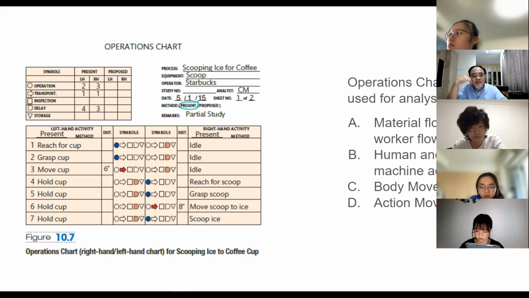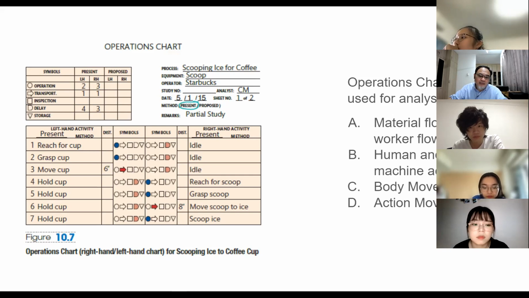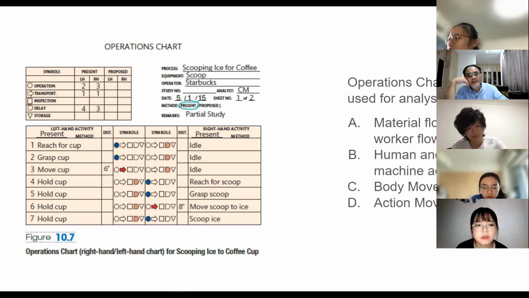So the answer is most of you got it right, about 60%. You want to think about it, right? Who chose human and machine activity? Can you give me a reason why you chose human and machine activity?